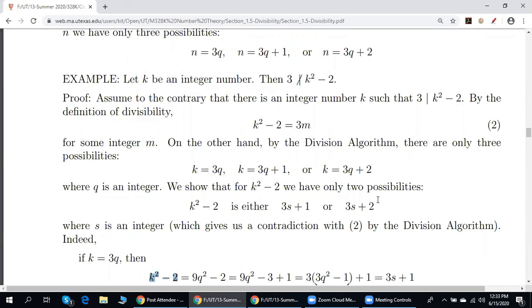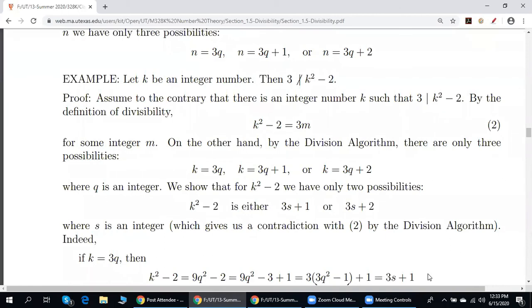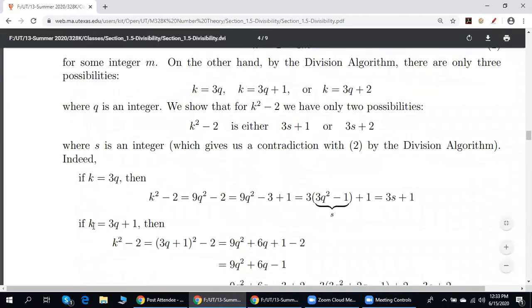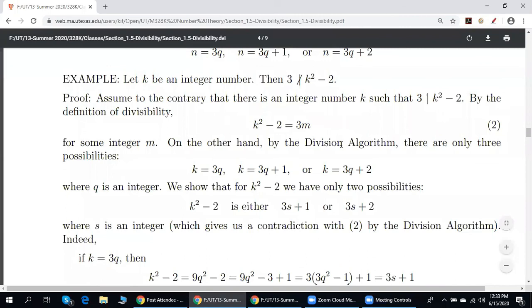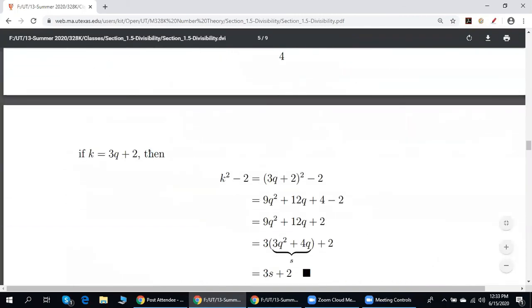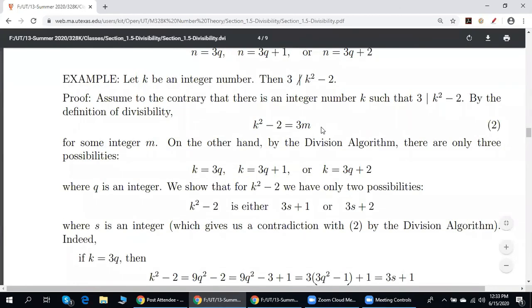Therefore, there is no way we can get two different remainders, 0, and here the remainder is 0, and 1. Here the remainder is 1. Does this make sense? Yeah, that makes sense now. Thank you. And now, same here. If k is of the form 3q plus 1, the remainder is 2. Therefore, it's not 0. Lastly, over here, the remainder is again 2, which is not 0.